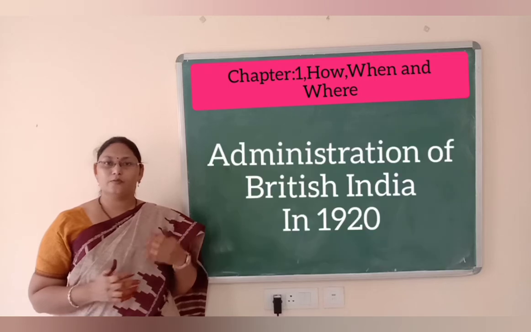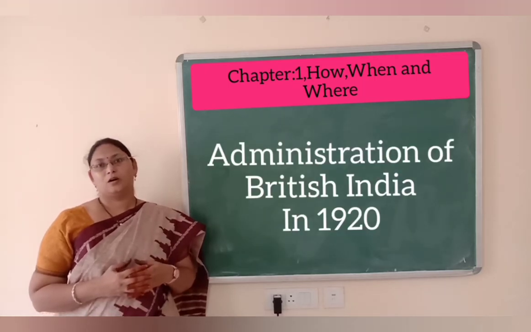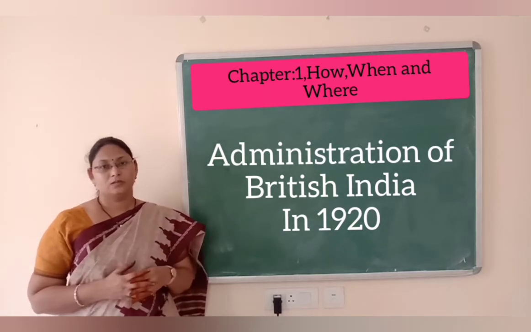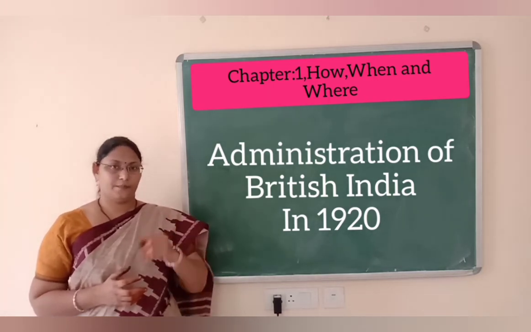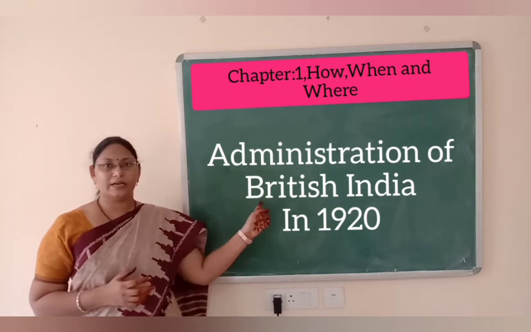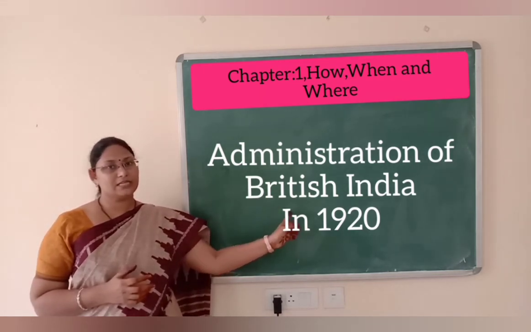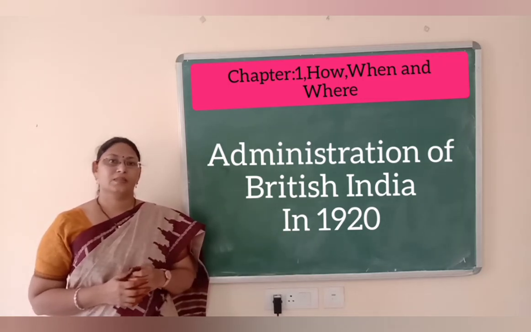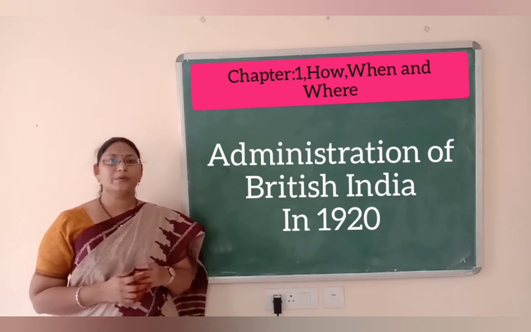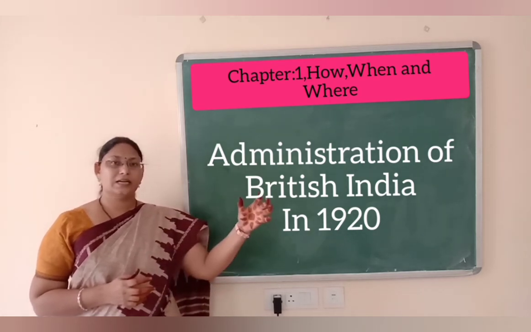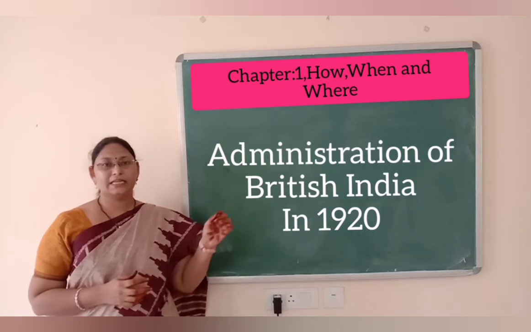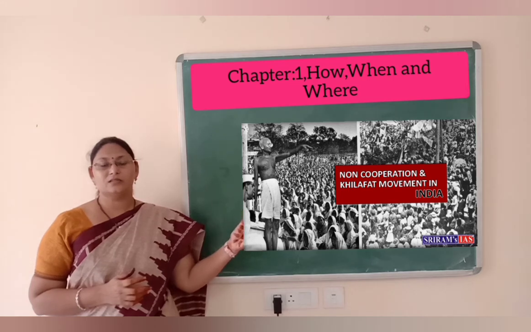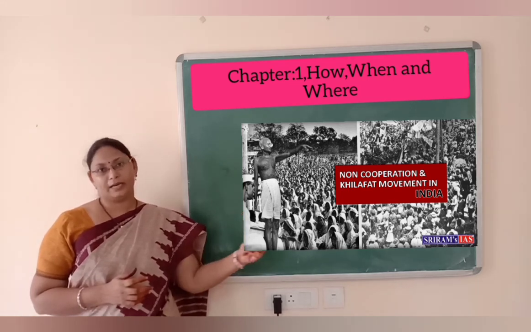For example, if you would like to tell about the administration of British India in 1920, you have to start with 1920, who was the Governor General at that time, and his policies, procedures and achievements. At the same time, if you would like to depict the social life of the people in 1920, you may go for 1920 events and social movements of India.